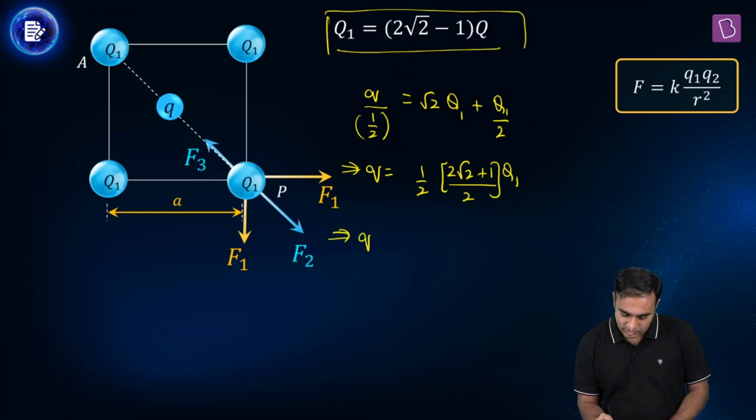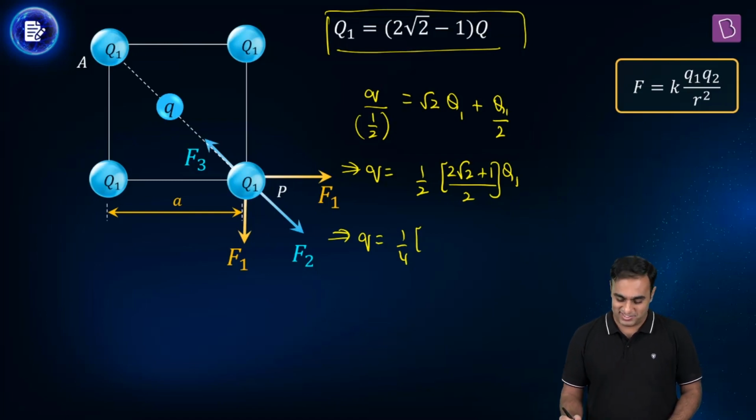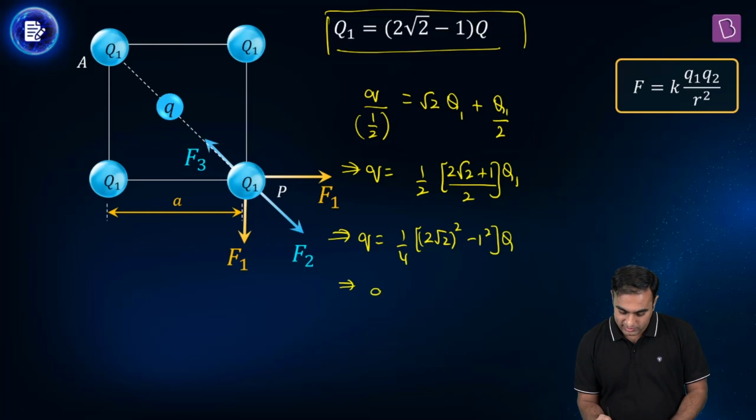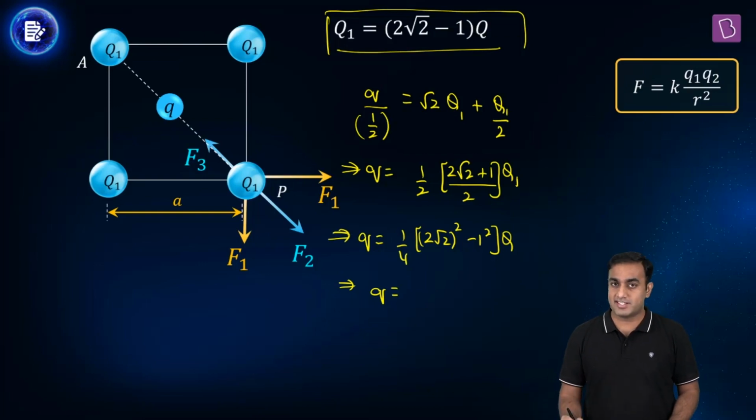You get small q to be 1 by 4 into, look at this. You have 2 root 2 plus 1 into 2 root 2 minus 1 into capital Q, which will give you 2 root 2 whole square minus 1 square into capital Q. And that will be, what is 2 root 2 whole square? 8. 8 minus 1 is 7.